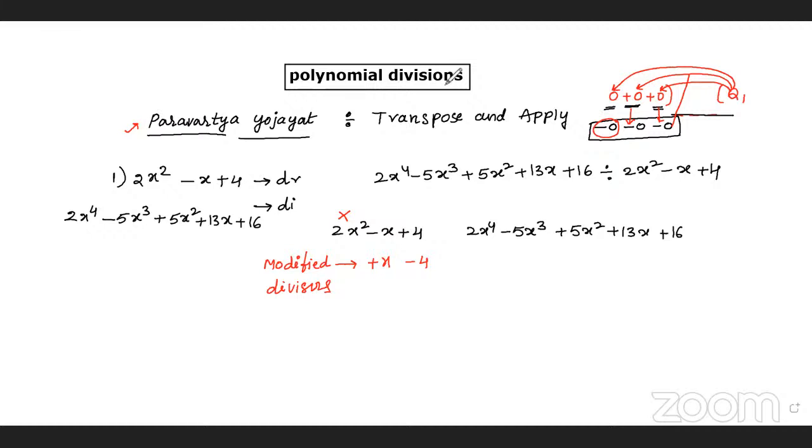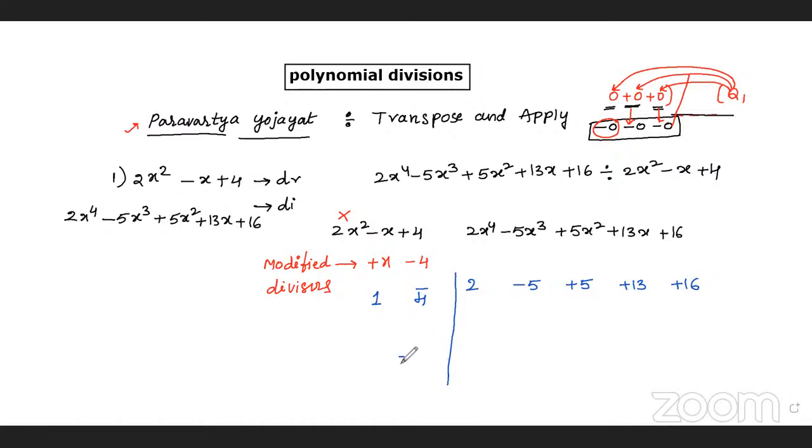Then we can easily calculate the problem. Now here I'm writing the coefficients, that is 2, minus 5, plus 5, plus 13, plus 16, and here the modified divisors are, see, this is 1, this is minus 4.